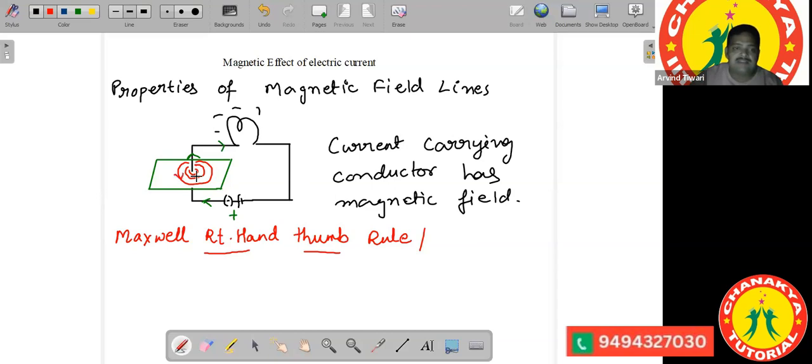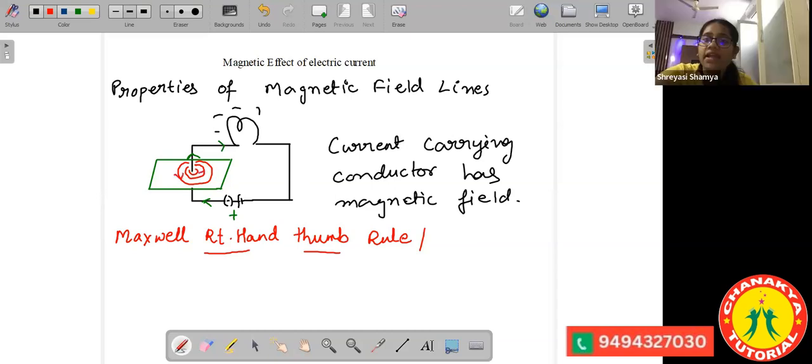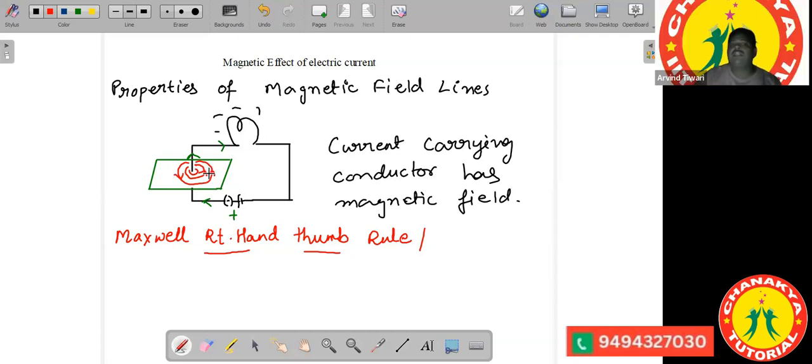They are anti-clockwise, right, sir? Yeah, they are anti-clockwise. So here, the direction of magnetic field lines is anti-clockwise.